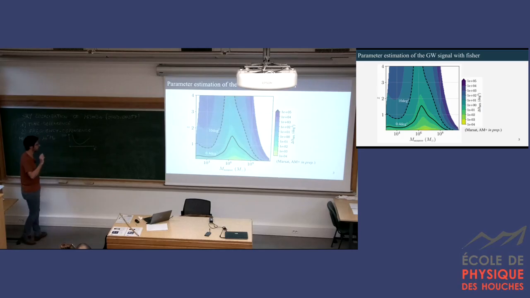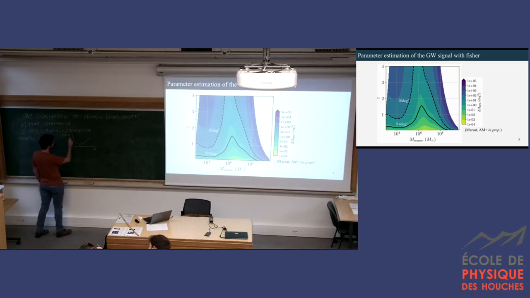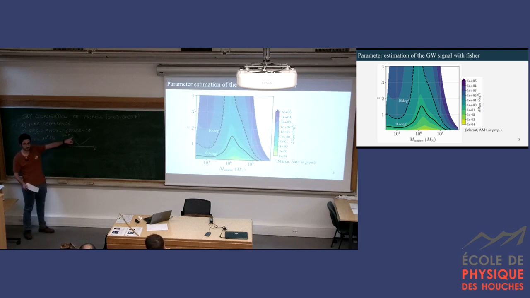Here is the LISA sensitivity, order of magnitude, just to get the idea. For a system of 10^8 solar masses, what we observe is typically merger and ringdown, because the ISCO frequency scales as the inverse of the total mass. The more massive a black hole is, the lower the frequency at which it merges. So such a system looks in LISA like this: this peak is the merger, and this one is the ringdown.